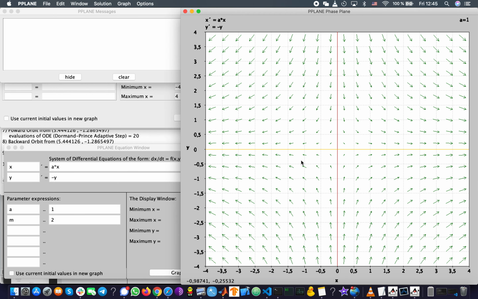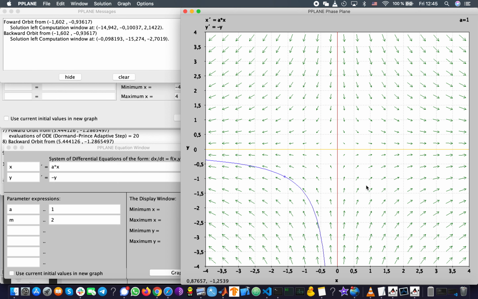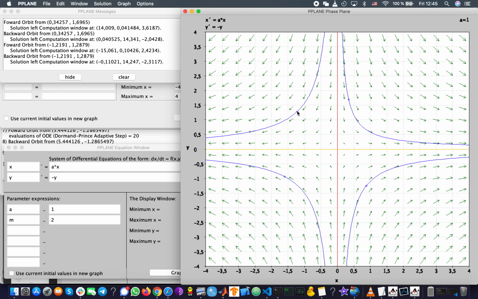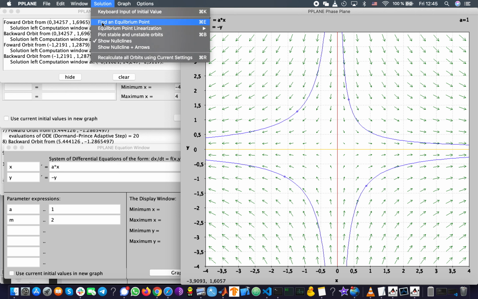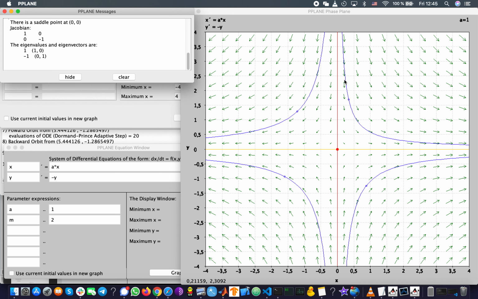And you see that again we have this saddle node, where these two null lines intersect; the intersection of them will be the equilibrium point.